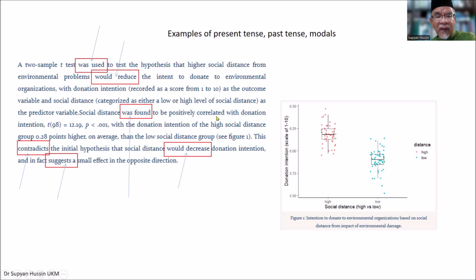So the whole discussion is presented in present tense. Data are in past tense. Okay, then you have this contradicts the initial hypothesis that social distance would decrease donation intention, and in fact, suggests. So suggests cannot be past tense. It's something present. So then you use the present tense.